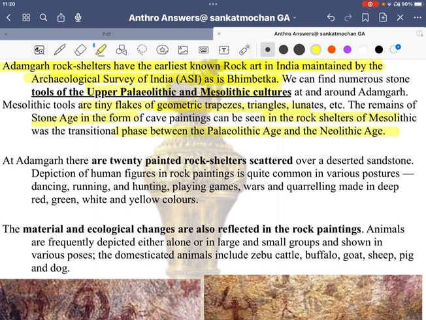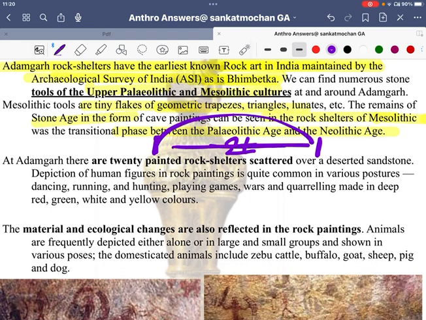What is Mesolithic? Mesolithic is a transitional phase. Like if you have to go from Delhi to Rajasthan, there are a few other states in between. So these are transition states because you cannot go directly. No, you have to travel through this road. Fine. I hope you got it.